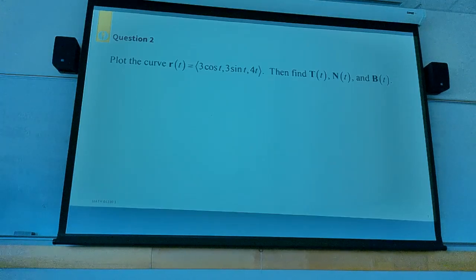T, N, and B. Unit tangent, unit normal, binormal. Now the unit tangent was already discussed. That was discussed, what was it, last Thursday?